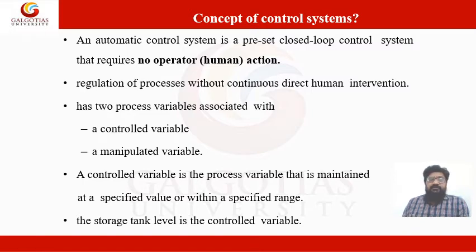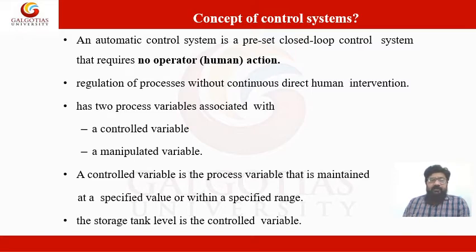So a control system has variables. There are two process variables involved. So one is a control variable and another is a manipulated variable. So a control variable is maintained at a specified value or within a range.